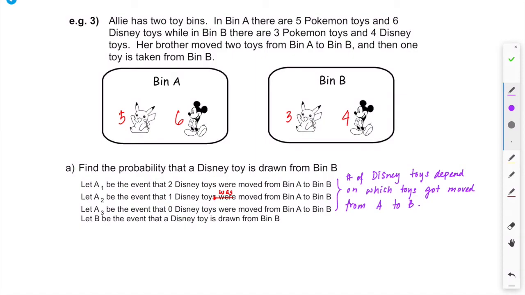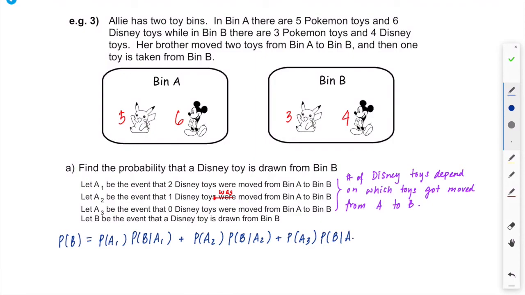So let's find the collective probability. The partitions here are how many Disney toys actually got moved. So P of A1 times P of B given A1, plus P of A2 times P of B given A2, plus P of A3 times P of B given A3.